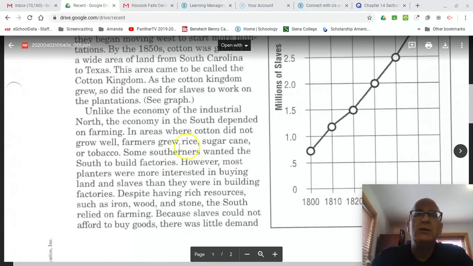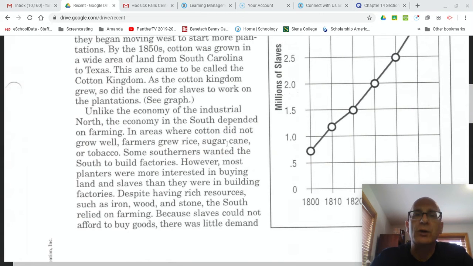Continuing on, unlike the economy of the industrial North, the economy in the South depended largely on farming. In areas where cotton did not grow well, farmers would instead grow rice, sugarcane, or tobacco. Some Southerners wanted the South to build factories. Compared to the North, there were very few factories in the South.